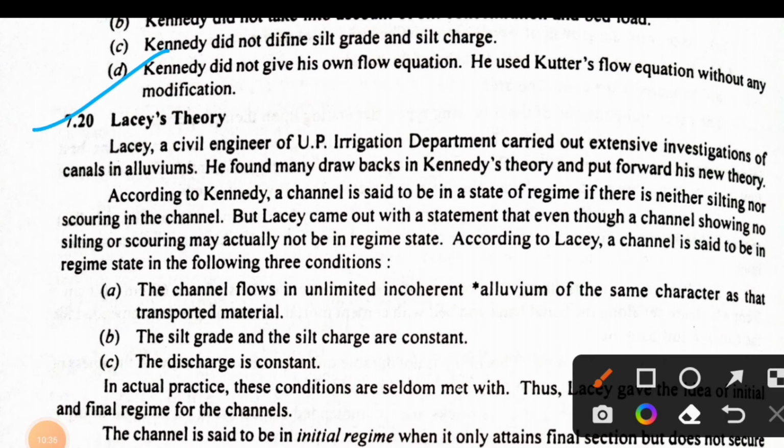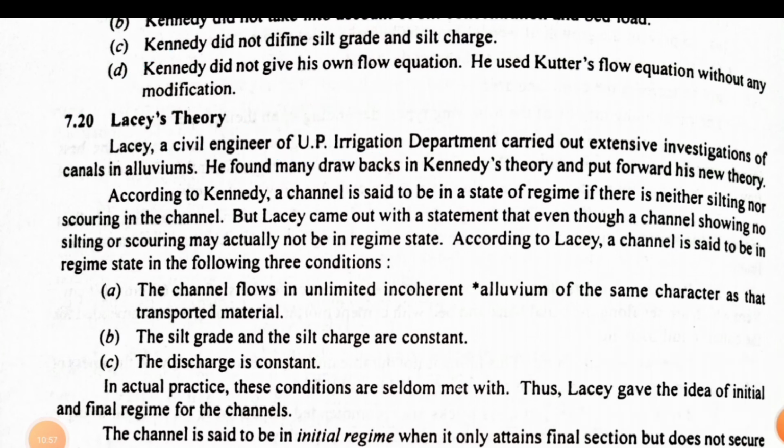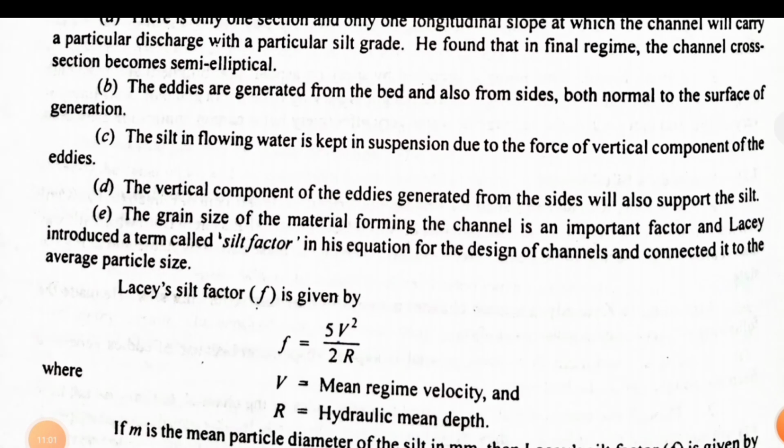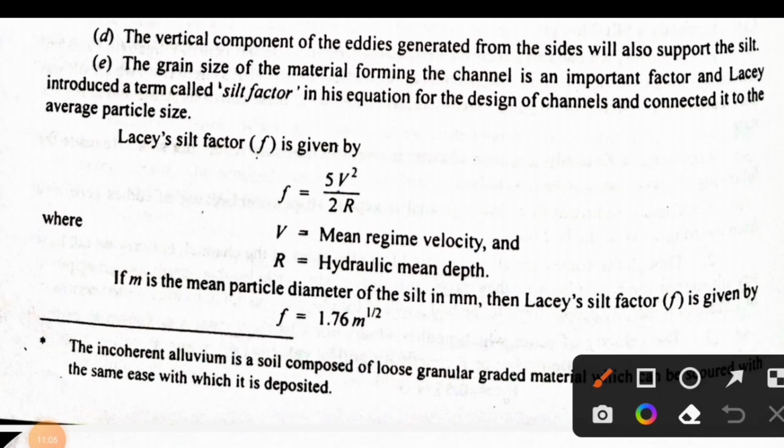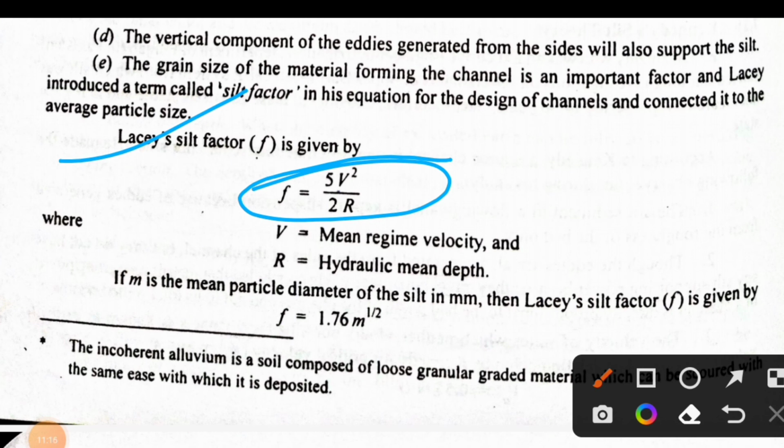Lacey's theory. Lacey, a civil engineer of UP Irrigation Department, carried out extensive investigation of canals in alluvium. Lacey's silt factor is given by f equal to 5V squared by 2R, where V is the mean regime velocity and R is the hydraulic mean depth.